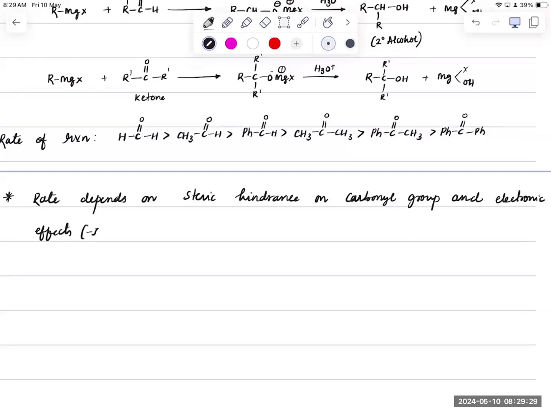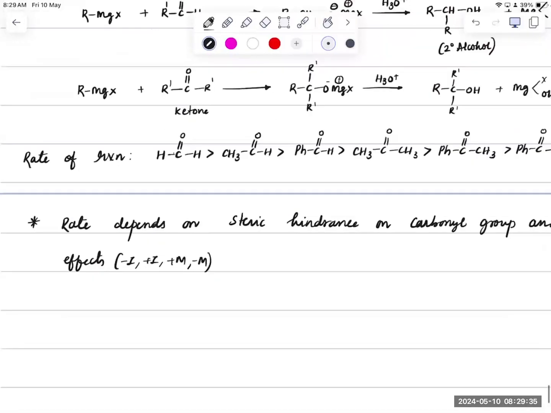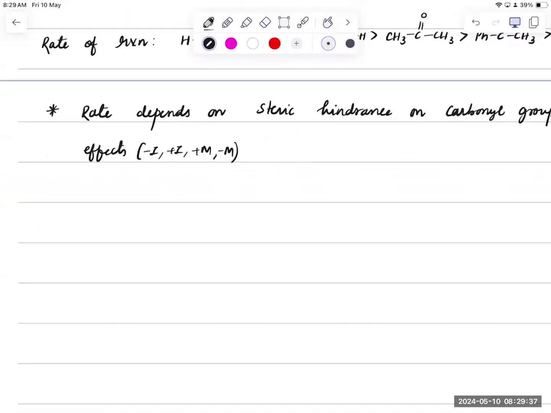That is whether we have minus I, plus M or minus M. Depending on that, reactivity can change. Okay.